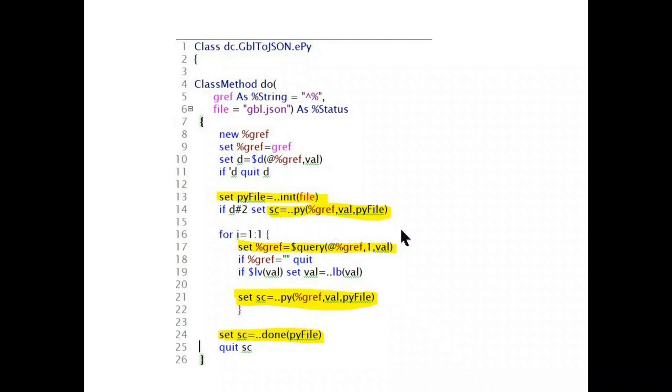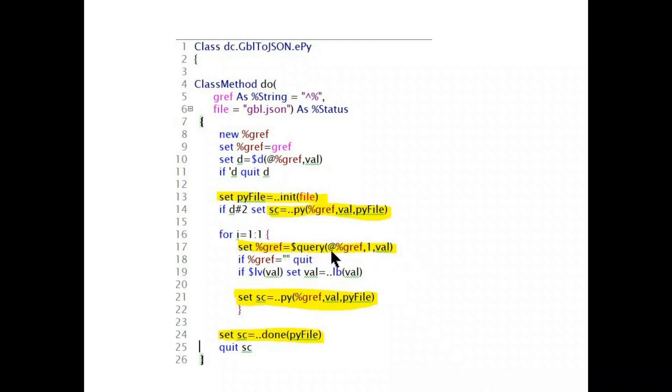Looping over the global is done by a $query operation, as you see here. Honestly, I tried to do it with embedded Python, but it was so clumsy. I said, okay, this is not really the key exercise, to read a global. This is really better done using ObjectScript.